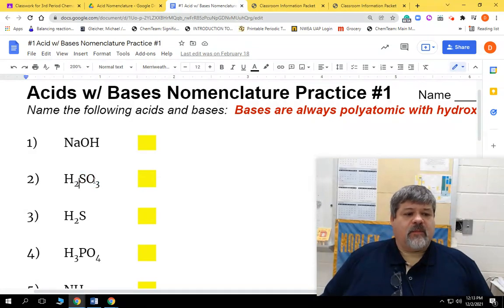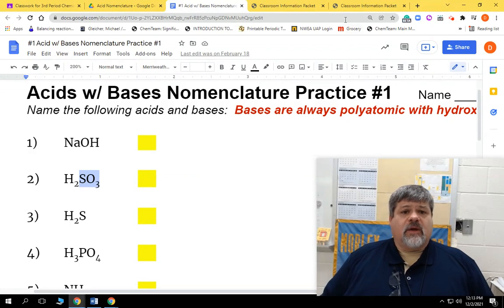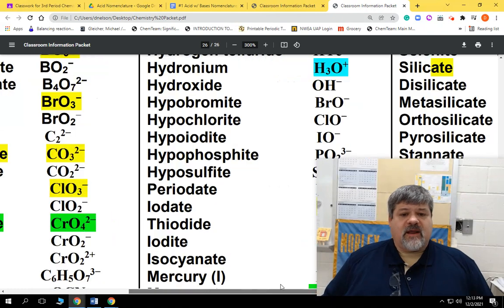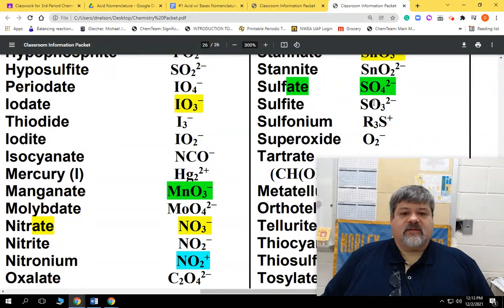And number two says I'm going to look at the anion. So we're always going to look at the anion, again, which is the negative ion. So if I pull this up, I'm looking for SO3. It's polyatomic. So if I find SO3, and I know that SO3 is in that third column, there it is. SO3 is sulfite.